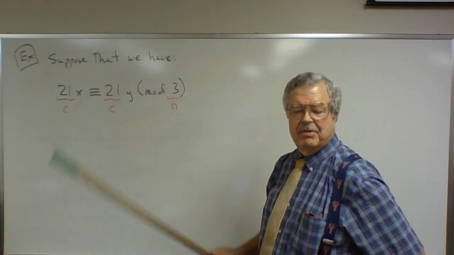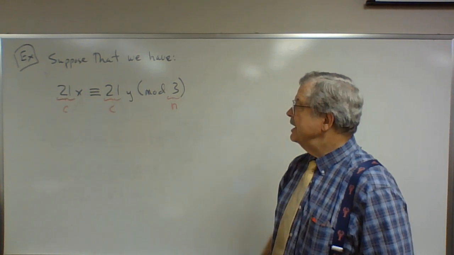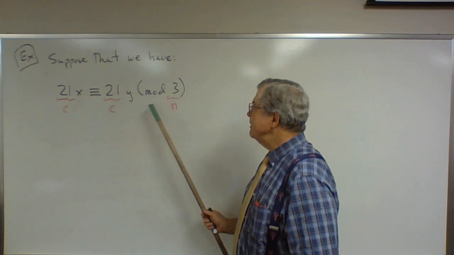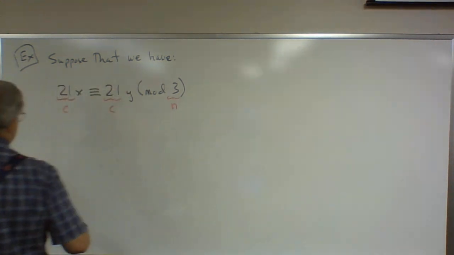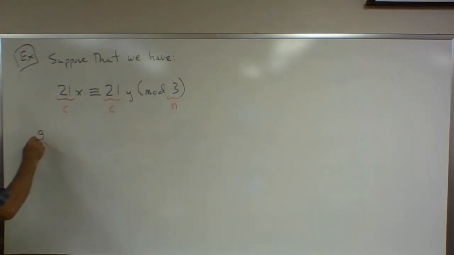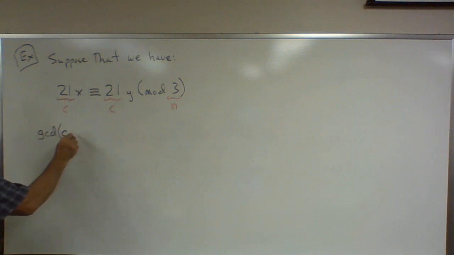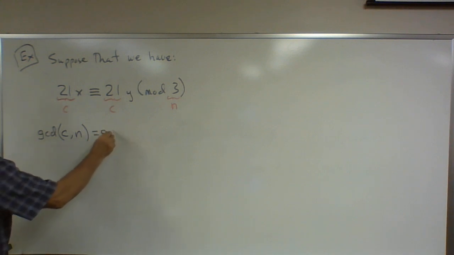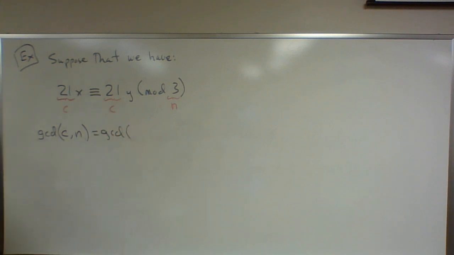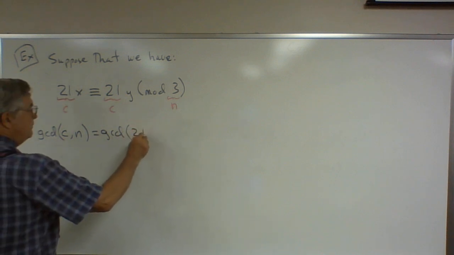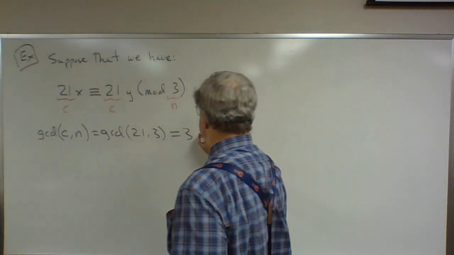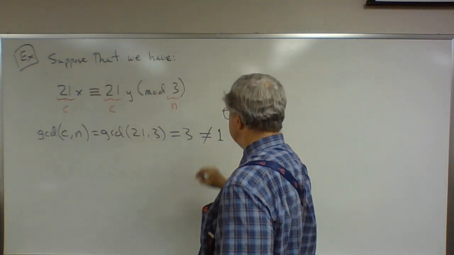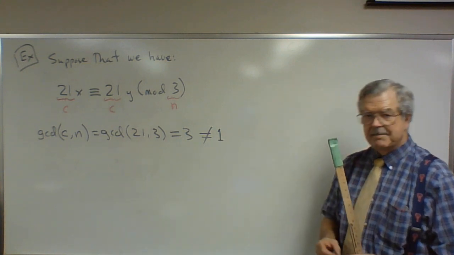Here's a nice example. 21x is congruent to 21y mod 3. Can we cancel? The greatest common divisor of C and N is the greatest common divisor of 21 and 3, and it's not equal to 1.